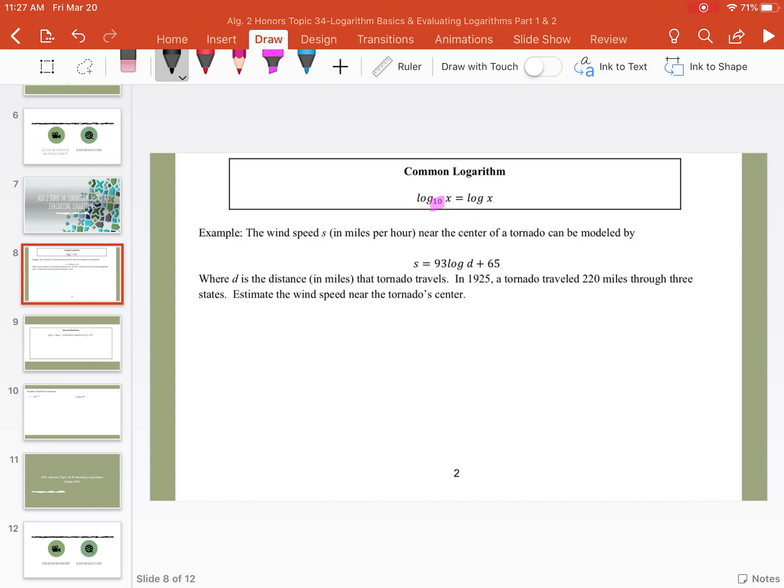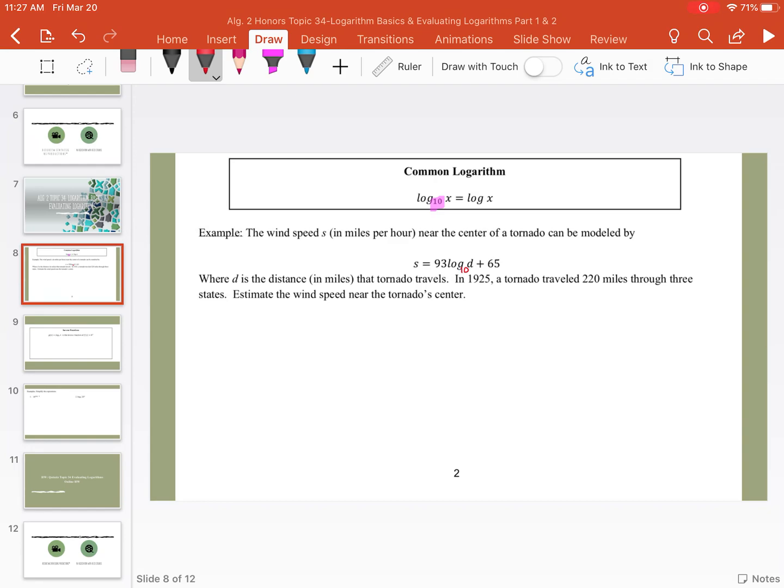The wind speed S in miles per hour near the center of a tornado can be modeled by S equals 93 log of D plus 65. And again, this is going to be log base 10 of D, where D is the distance in miles that the tornado travels.